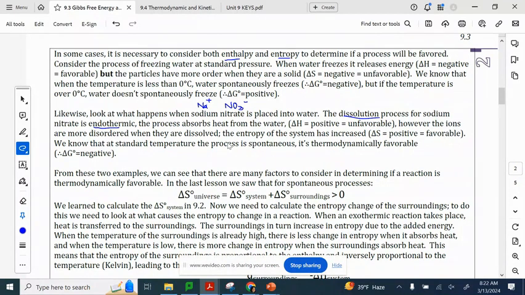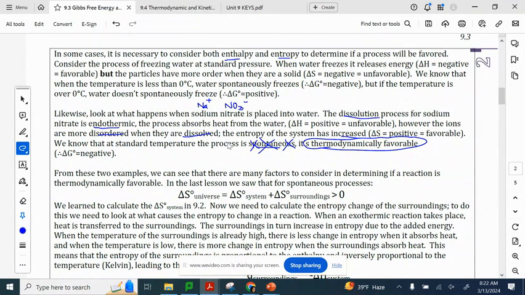However, the ions are more disordered when they're dissolved, and so the entropy increases, and that reaction is spontaneous, or thermodynamically favorable. Again, they don't really like that term, so try to get away from that. You can think it in your brain, but write this on your paper when you need to.